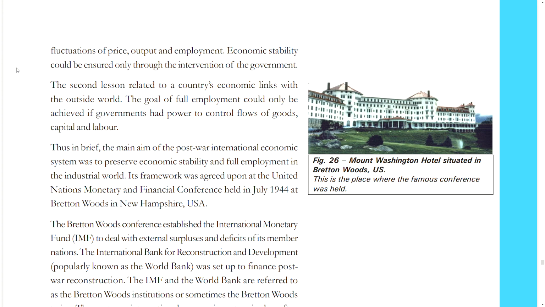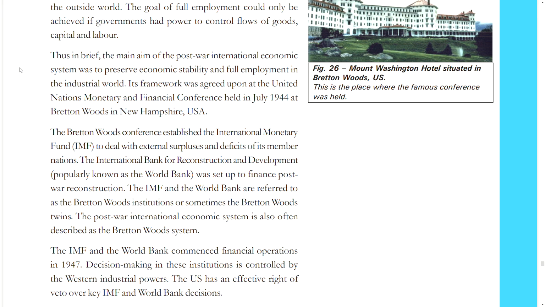The framework was agreed upon at the United Nations Monetary and Financial Conference held in July 1944 at Bretton Woods in New Hampshire, USA. The Bretton Woods Conference established the International Monetary Fund (IMF) to deal with external surpluses and deficits of its member nations.